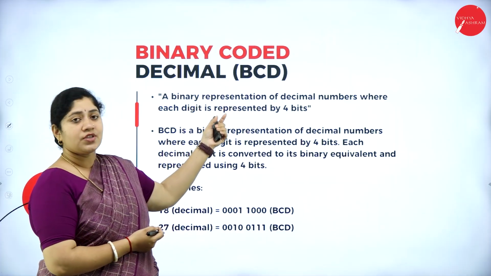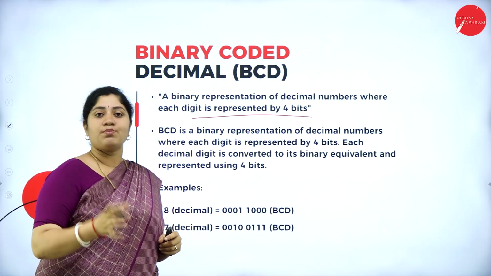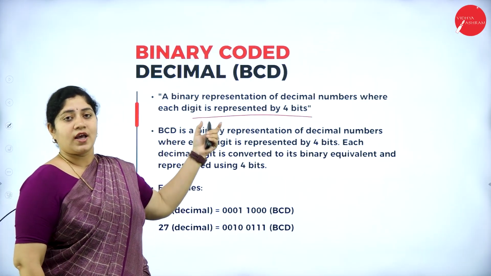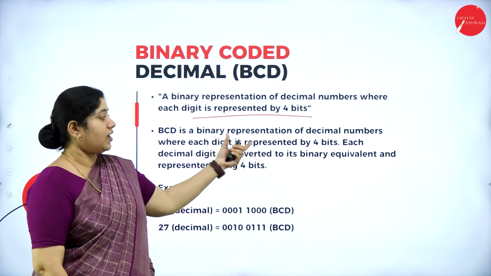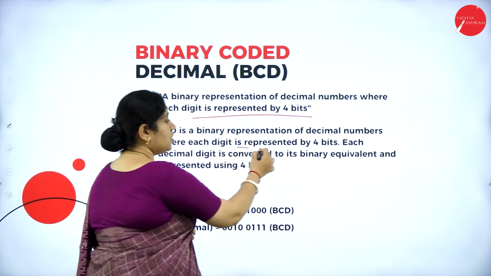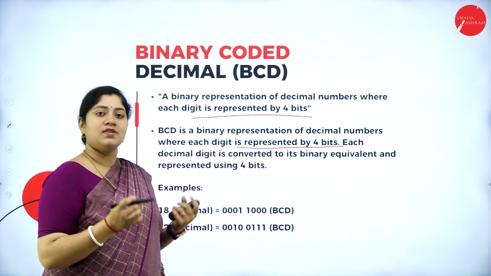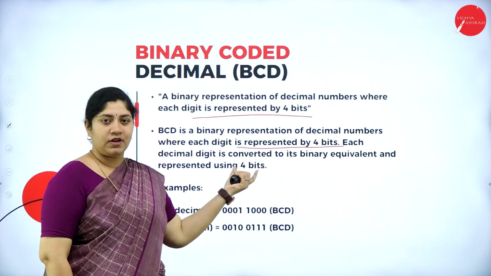A binary representation of decimal numbers with each digit represented by 4 bits is called BCD. Each decimal digit is converted into the binary equivalent.